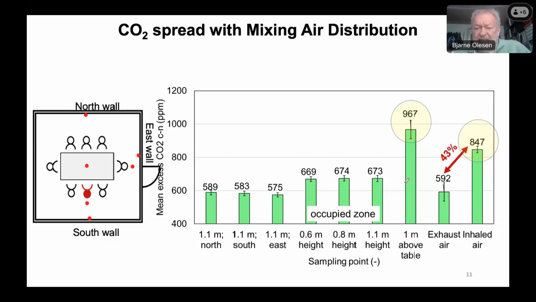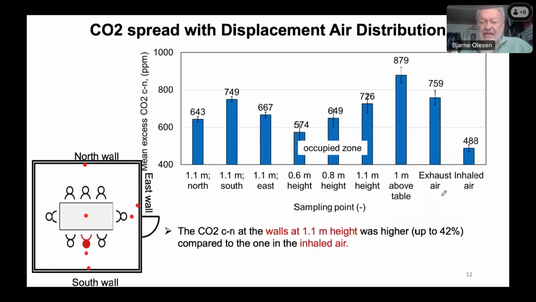And when you look in the exhaust air, that's the second to last, the CO2 from a mixed air distribution was 592. If we now take it for displacement, it was 759. So even if you put it in the exhaust, you may get different values depending on your ventilation system. So position of sensors can be critical for your control.